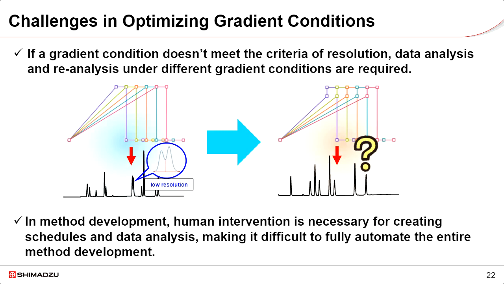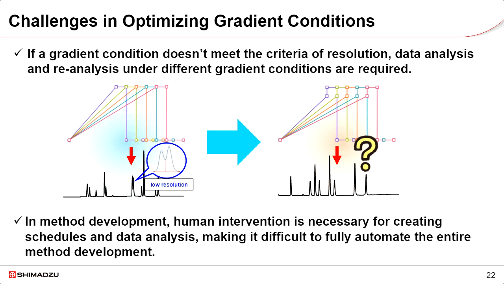When dealing with challenging multi-component samples, if a gradient condition doesn't meet the criteria for resolution, then the only option is to try different gradient conditions. Ultimately, this may result in having to re-inject the sample or inject the sample on more than one system with more than one mobile phase and stationary phase system.